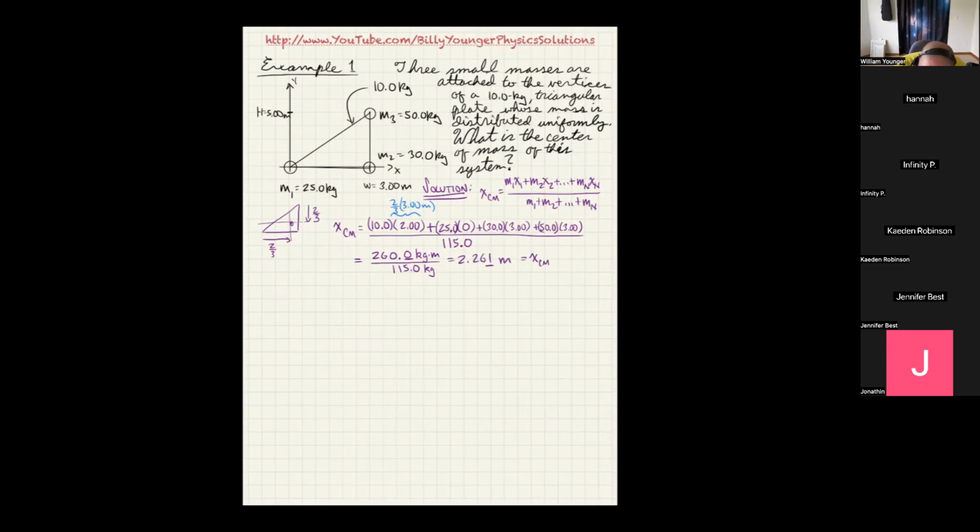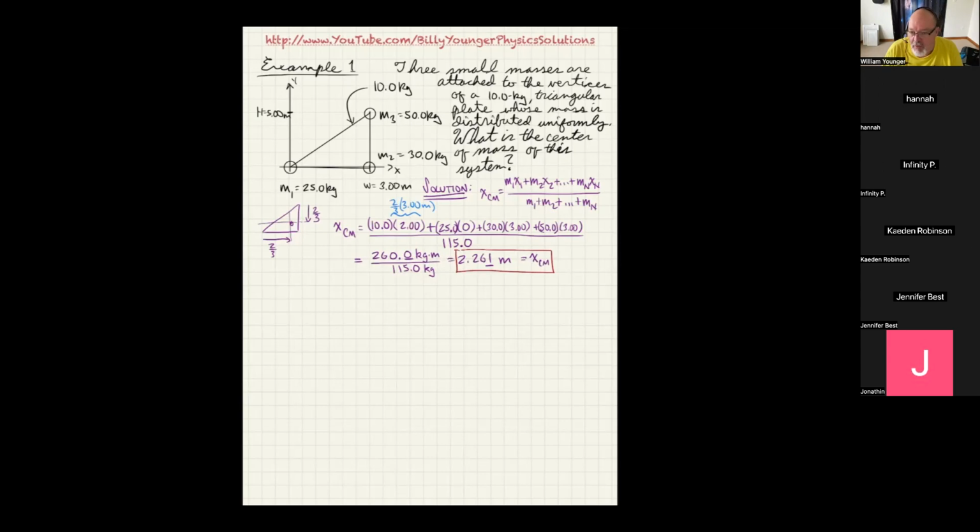I'll explain a little bit about what that means towards the end of the problem, but not right now. Any questions on that part? Okay, so this is the formula that we use for a discrete distribution of masses. And I've made it a little different than most of the examples you run into in books.